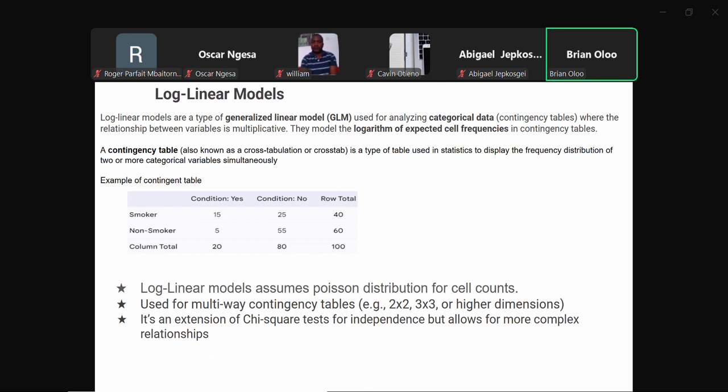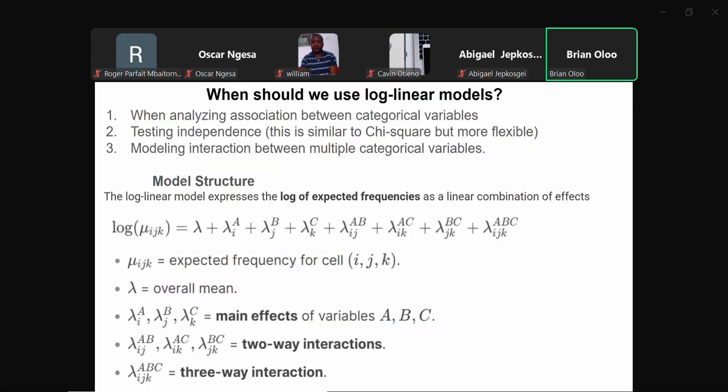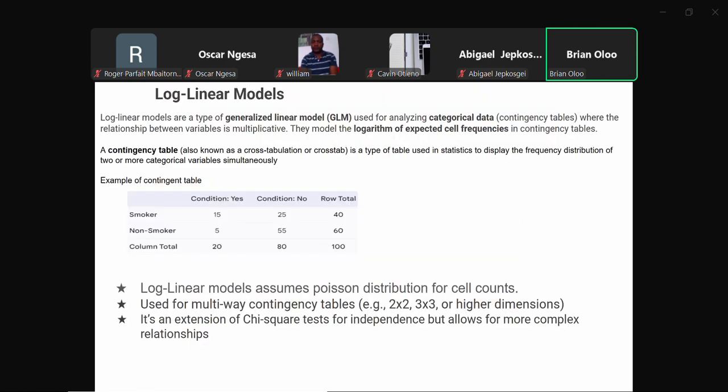For example, this contingency table is a 2 by 2 or higher dimension. It is an extension of the chi-square test for independence, but allows for more complex relationships.